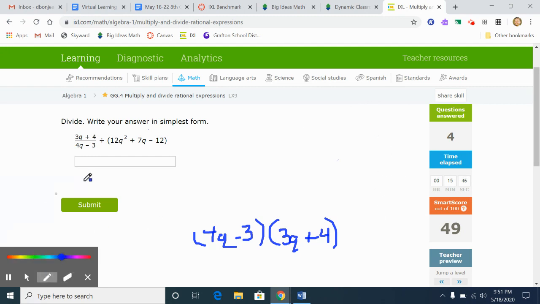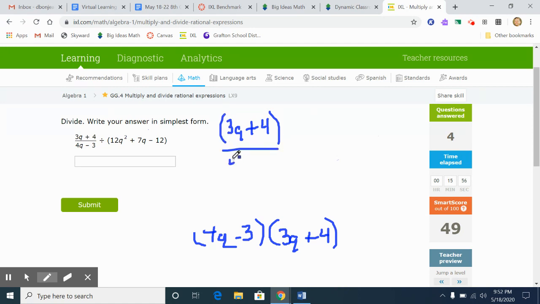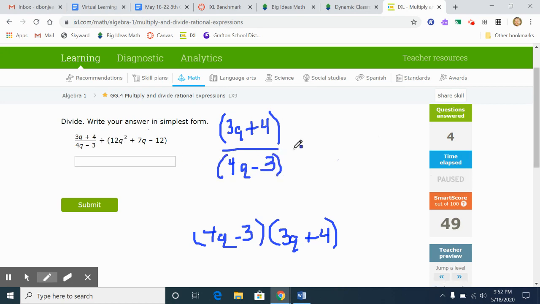All right, so going back to the original problem, I had a 3q plus 4 on the top, 4q minus 3 on the bottom. I was dividing, so I'm going to flip that, put a 1 over the top, and put these two expressions next to each other on the bottom.